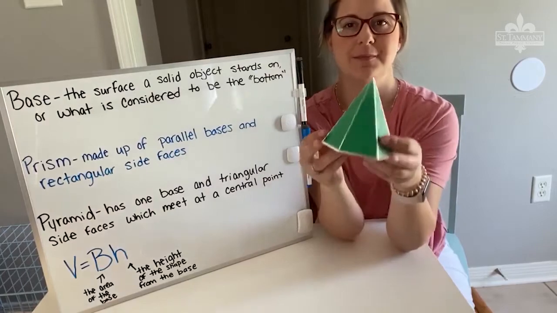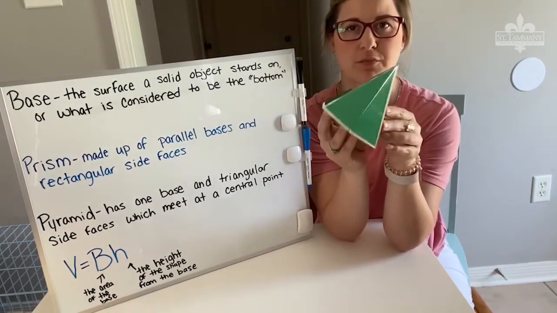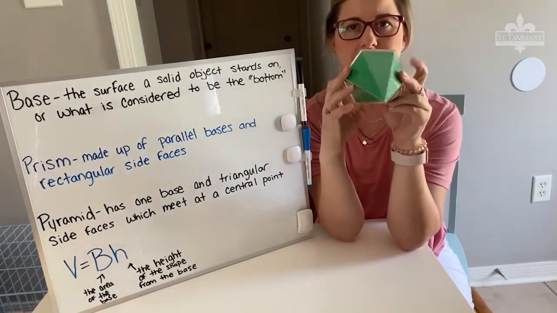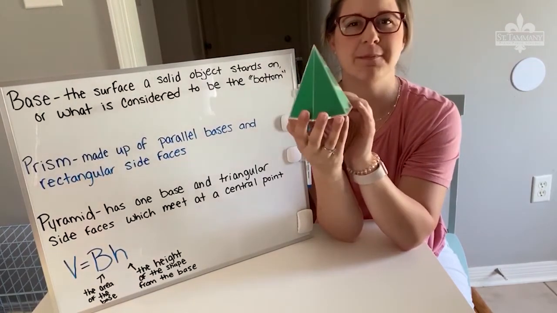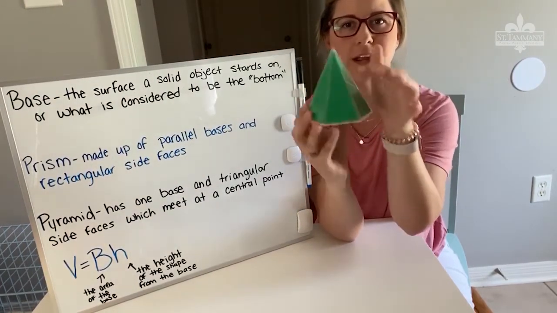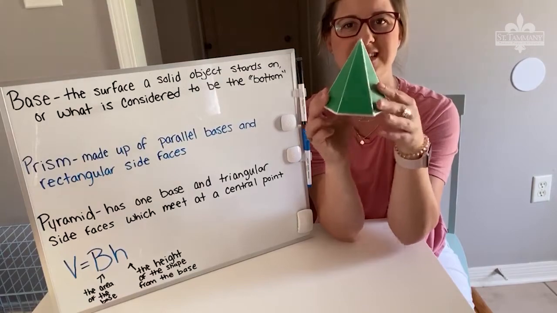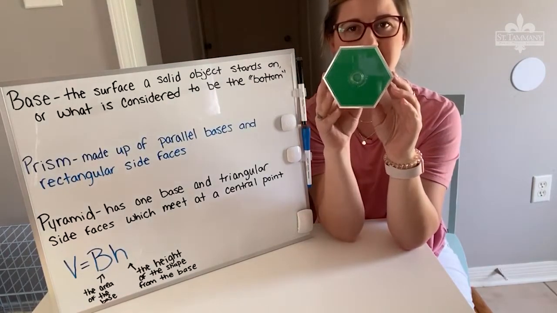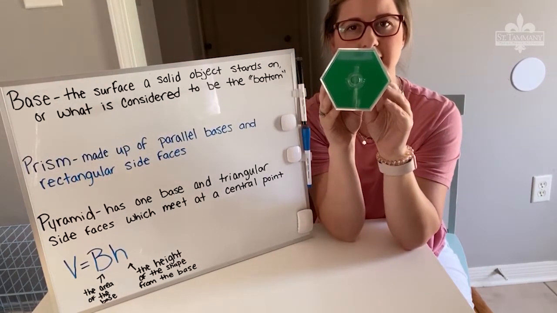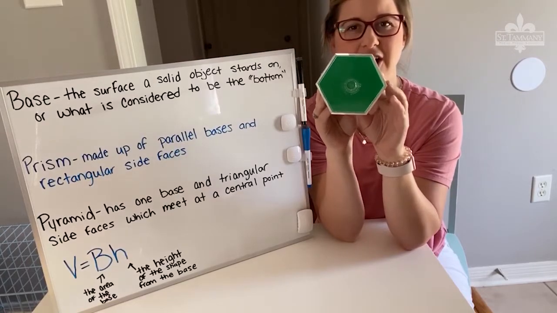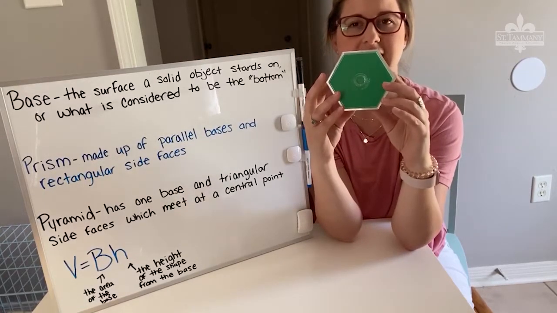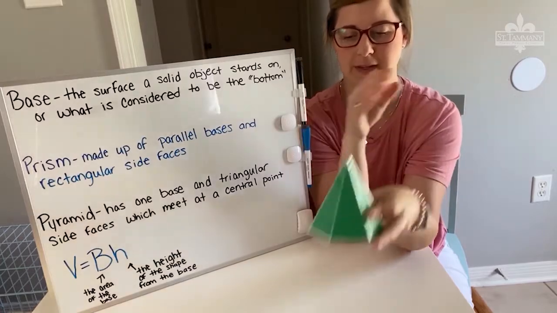And our last shape, prism or pyramid? Good, it is a pyramid. It is coming to a point with those triangular faces, and there's that one base, and its shape is a hexagon. Awesome. And so it is a hexagonal pyramid.